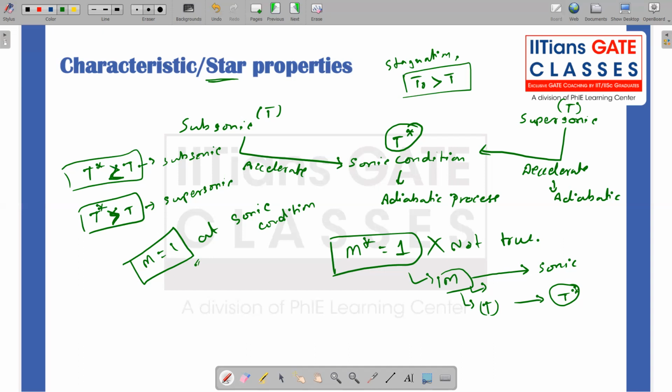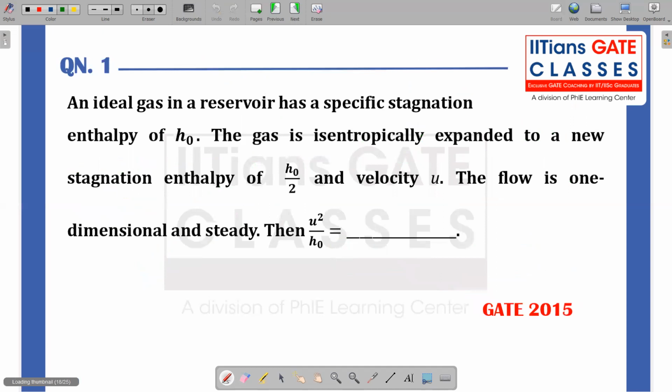Okay, so this is again one more property which we can define, similar to stagnation property. Okay, let us take an example problem. An ideal gas in a reservoir has a specific stagnation enthalpy of H naught. The gas is isentropically expanded to a new stagnation enthalpy of H naught by 2 and velocity u.